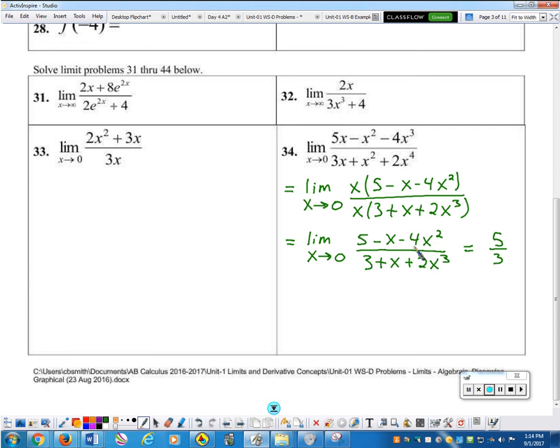It still doesn't matter because the x value itself is infinitesimally small. It is so small it's never going to make a difference. It makes some minuscule difference, but not enough to say that we're getting close to anything other than 5.